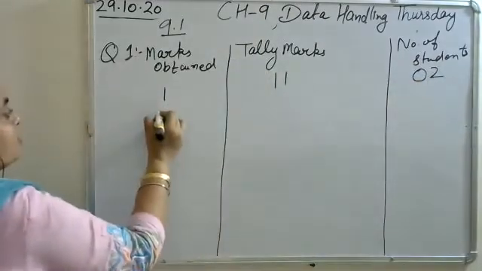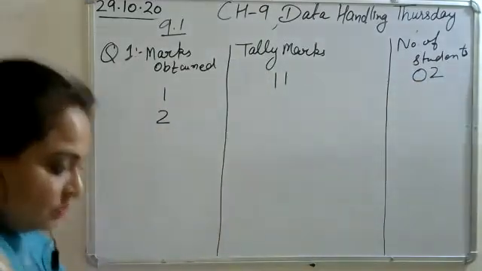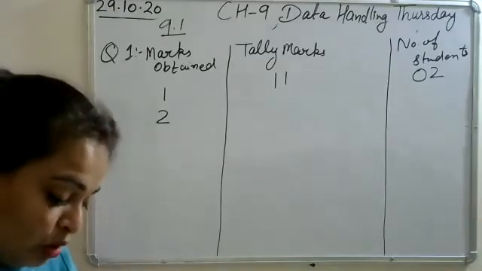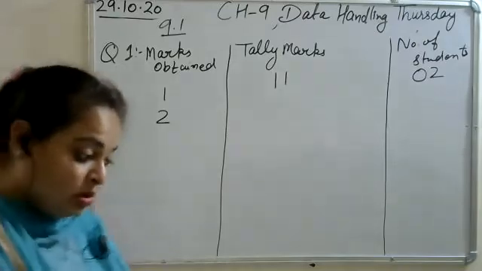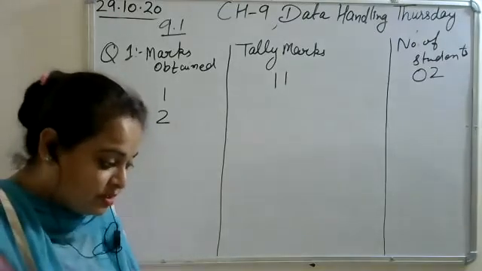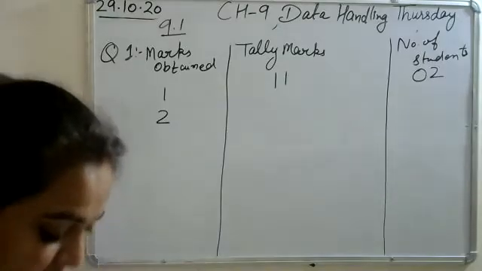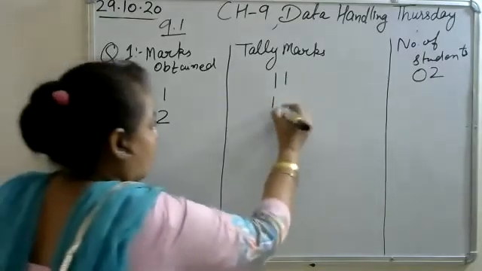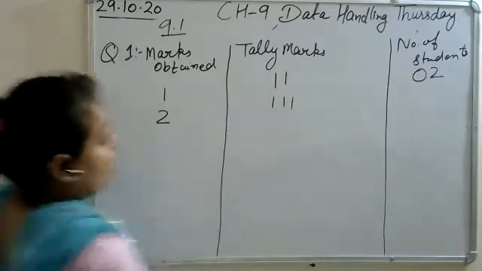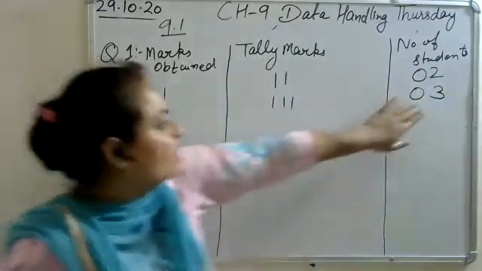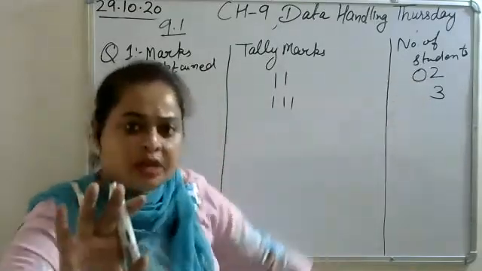Then 2 marks, obtained by how many? No, Satvik, your answer is incorrect. Yes, Prerna's answer is correct, 3. So 1, 2, 3 and here you will write 3. Either write 03 or 3, both are the same thing.